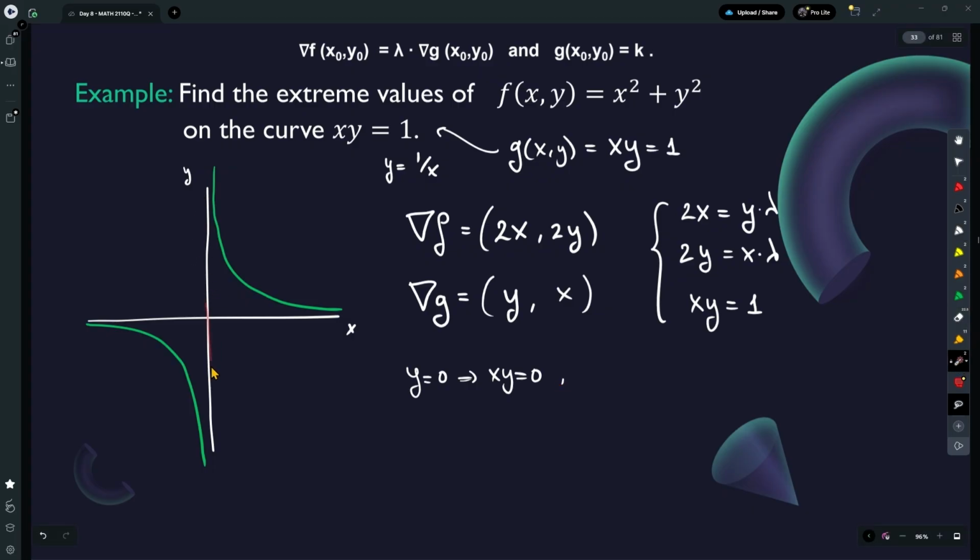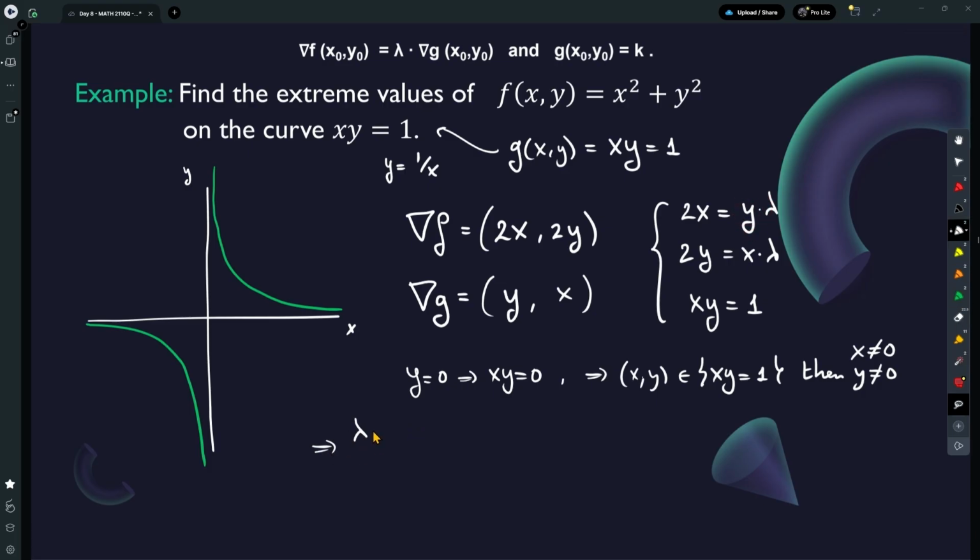You can see it from the graph that at y equals 0, there are no points. So that means that if x and y is on the graph that we're looking for, then y is non-zero and x is actually non-zero also. So I can divide by y here to solve for lambda.